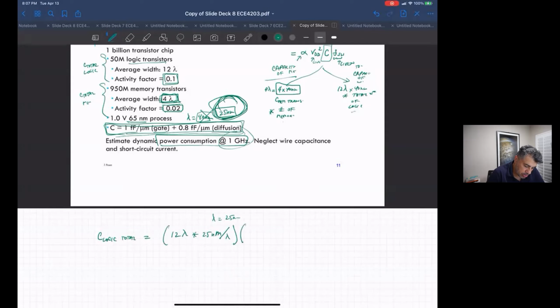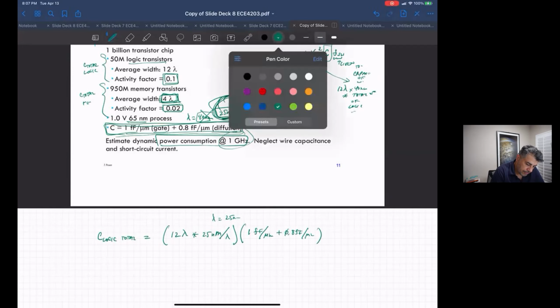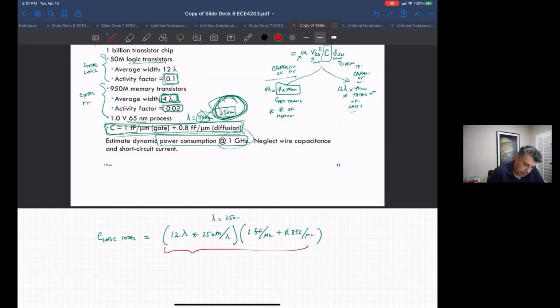times 1 femtofarad per micron plus 0.8 femtofarads per micron. So this is these two guys. So this is the capacitance for one logic transistor.